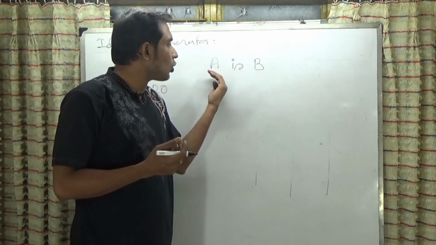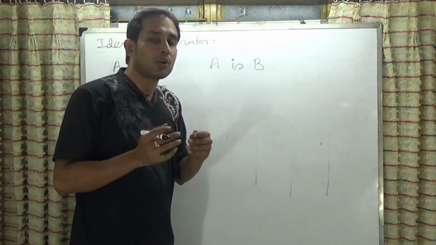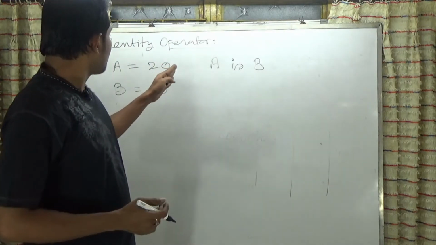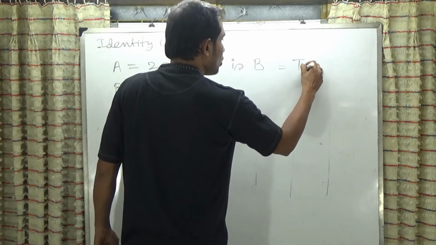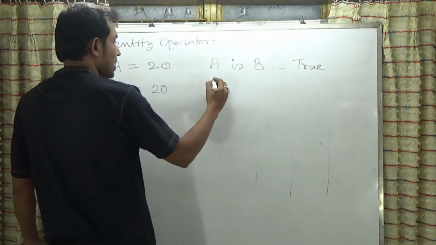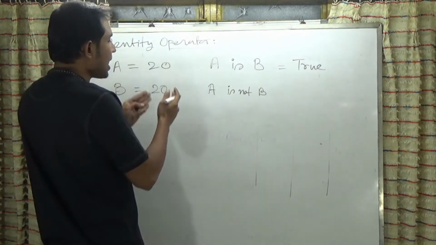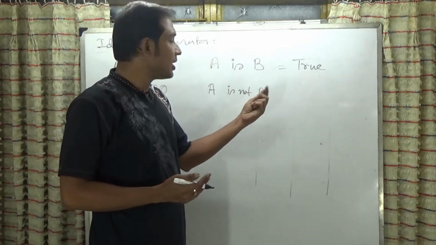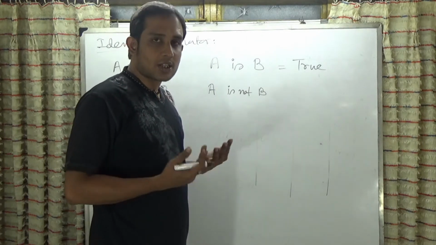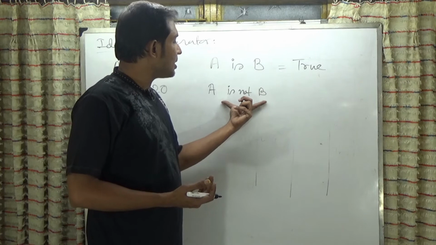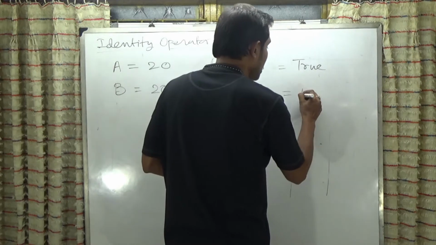If the references of these two operands point to the same memory location, then it returns true. In this case, A and B are both 20, so it returns the boolean value true. And if I check A is not B, as A and B reference the same memory unit, not different memory locations or addresses, A is not B returns the false value.